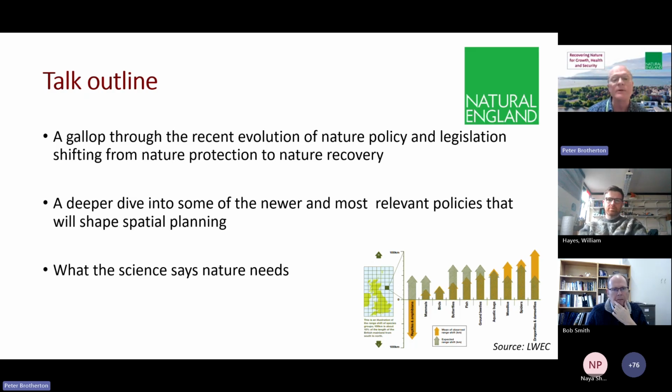So I'm going to end with some reflections on what all of that planning needs to do in terms of changing things. That little image in the corner there of climate shifts and so on is my reminder to just say that spatial planning needs to do a whole range of things. I'm going to focus on nature.